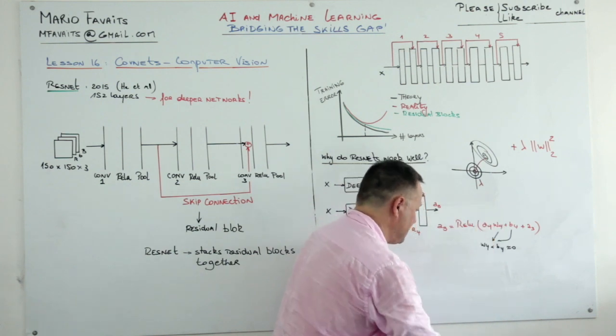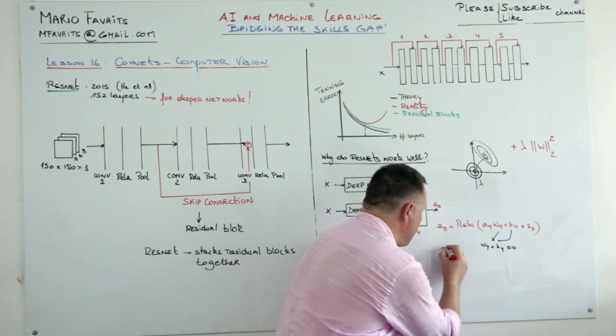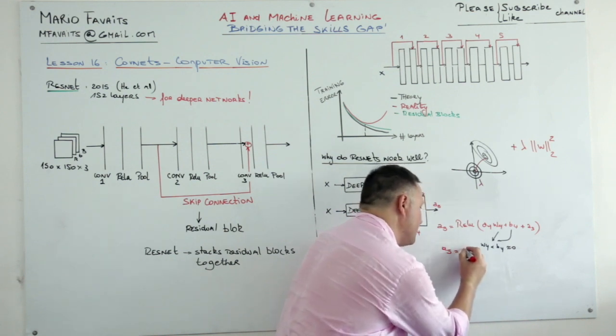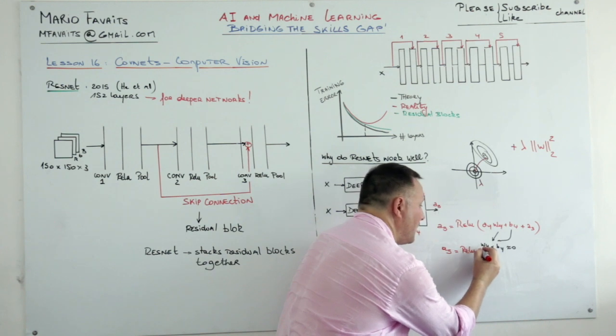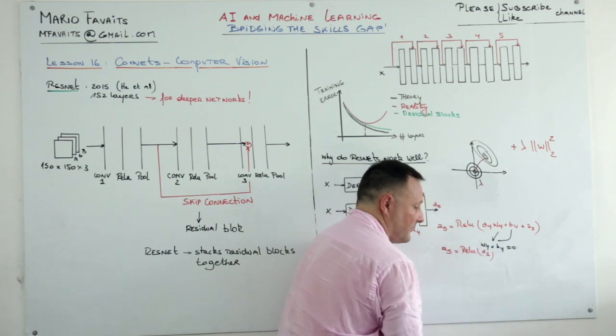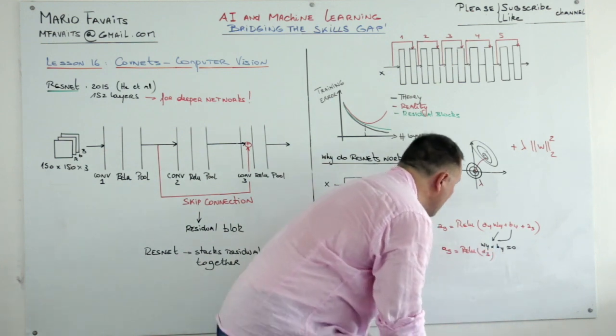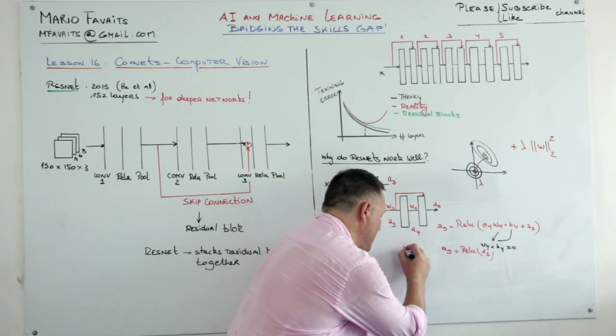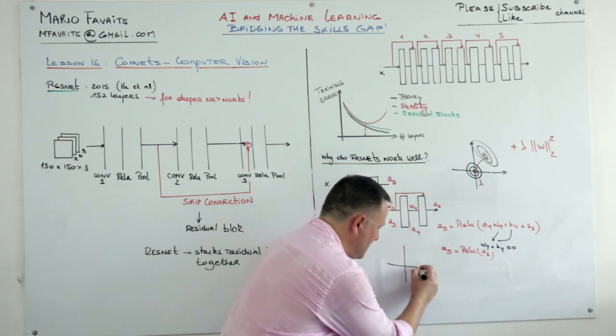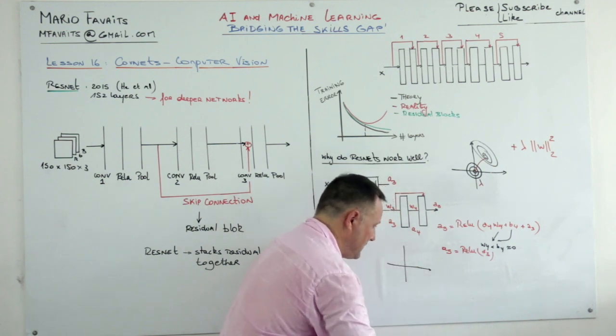That means that A5 equals the ReLU of A3. So A5 equals the ReLU of A3, and remember ReLU looks like this.